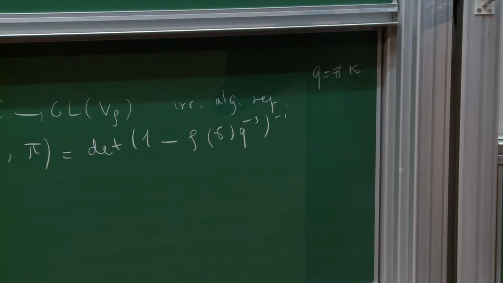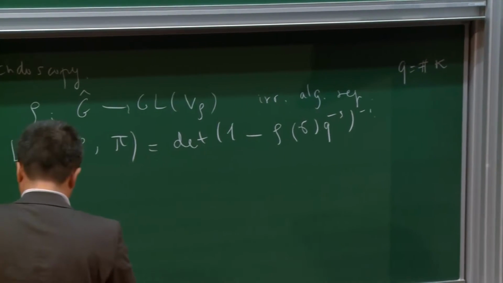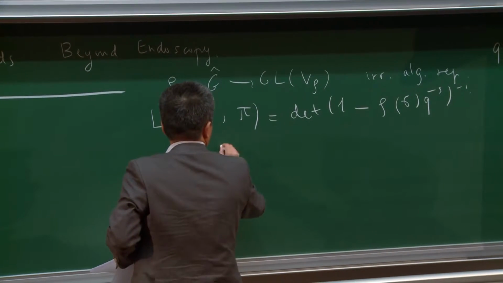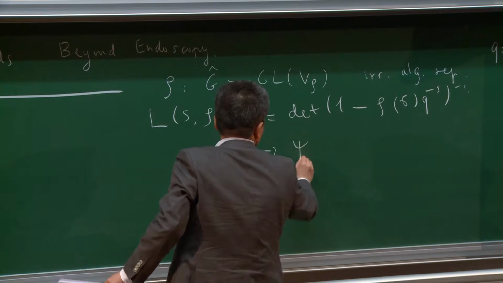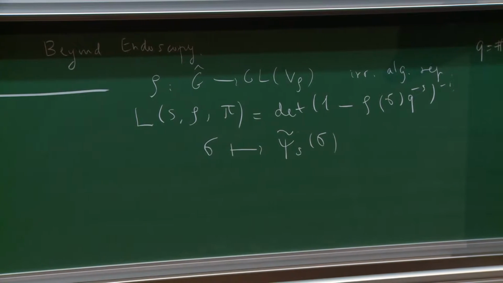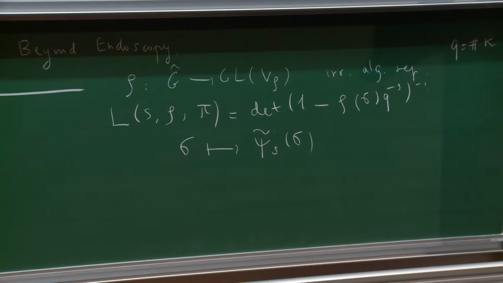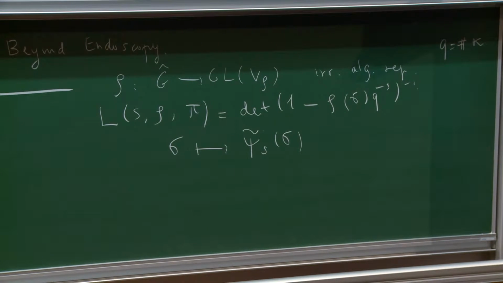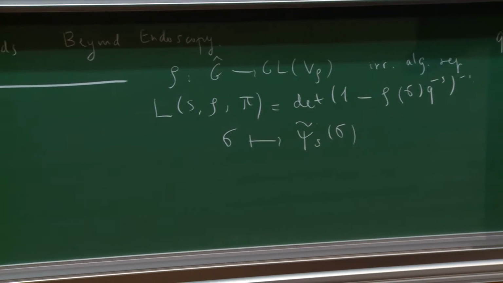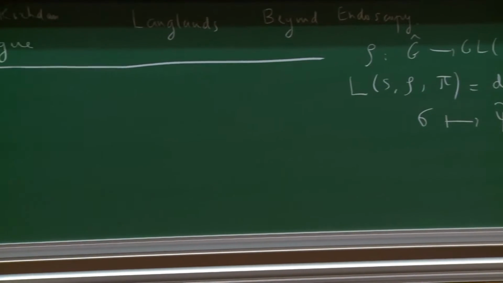Let me just denote this by a new name. This becomes a function from sigma mapped to psi tilde s of sigma. And now psi tilde s can be regarded as a rational function on G hat, which is invariant under the adjoint action and depends on one parameter s.